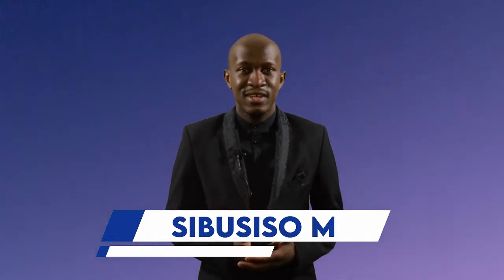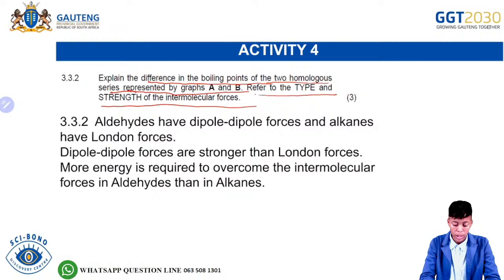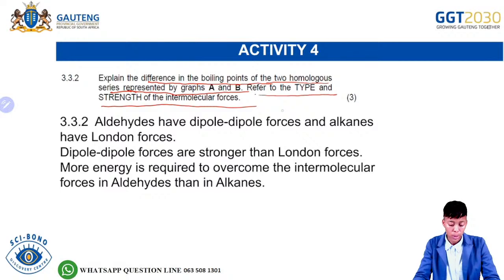Excellent. Excellence is a habit. Excellence is a quality. So what are we going to do? Again, we are going to state what we know. What do we know about the aldehydes?